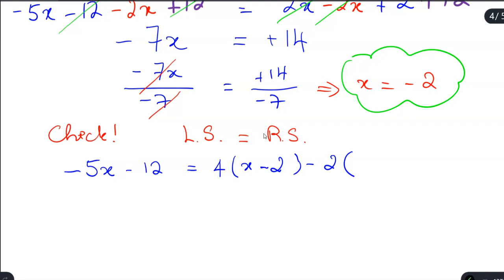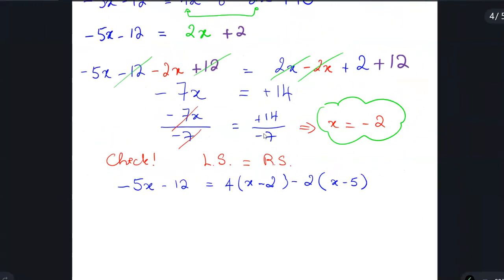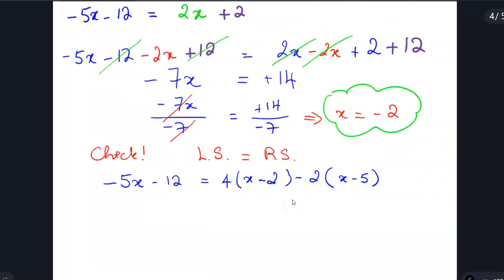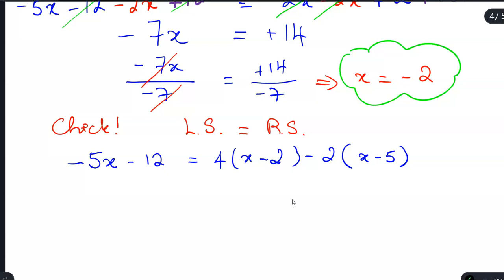times x minus 5. Okay, so let's check if we actually wrote everything correctly. Negative 5x minus 12, 4 times x minus 2, minus 2 times x minus 5. And what we do next is I am going to substitute the negative 2 where the x is.